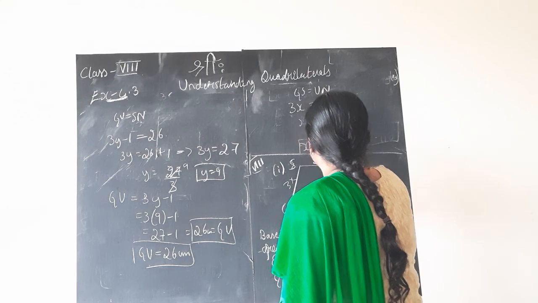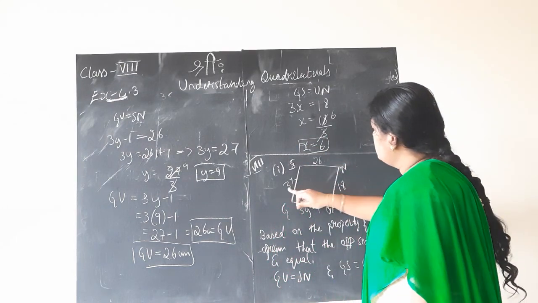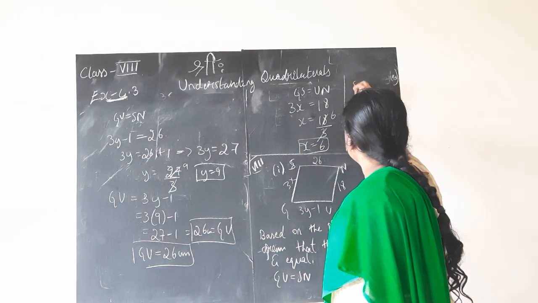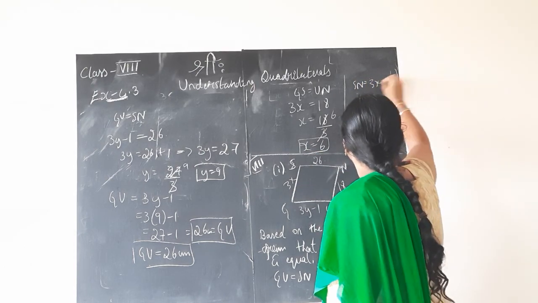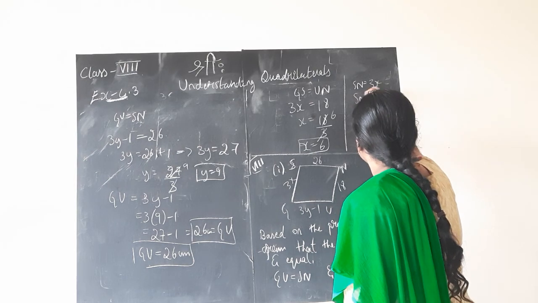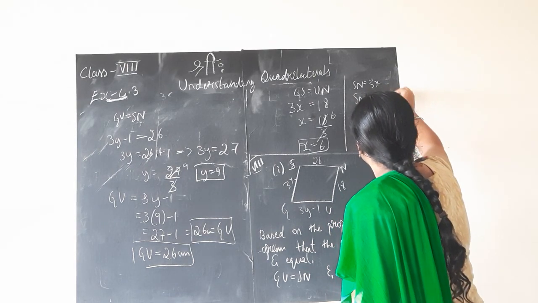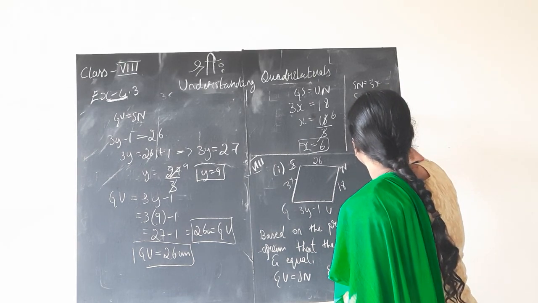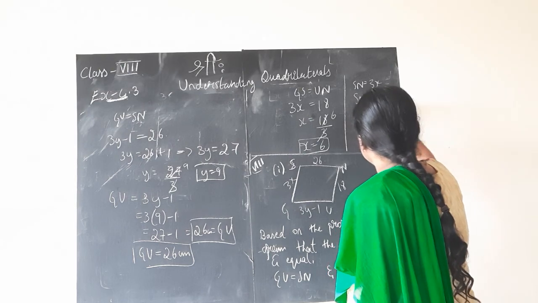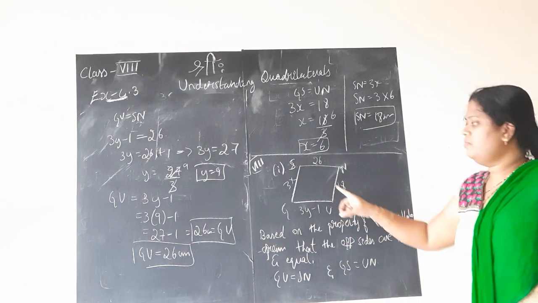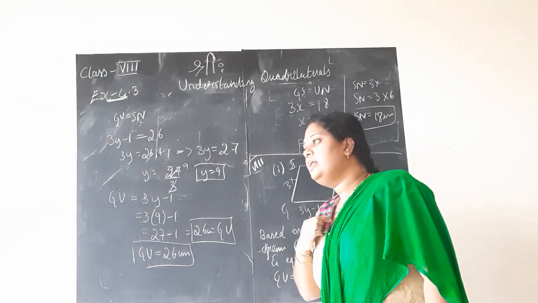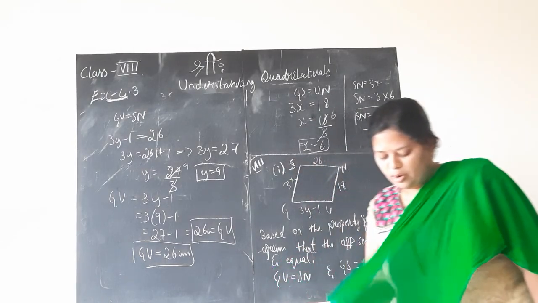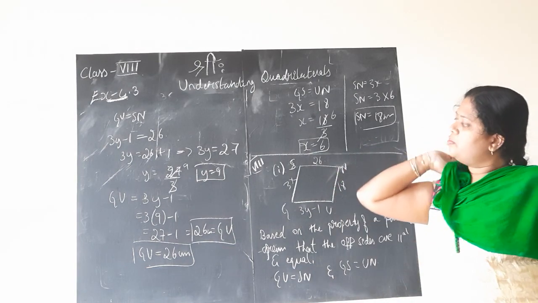X is equal to 6, we got, correct? X is 6. So SN is 3x, SN is equal to 3 into x, which we got to be 6. So SN is 6 threes, it is 18 centimeters. See, didn't we get the same? So opposite sides of a parallelogram are parallel and equal. Based on this property, we can solve this problem, children.